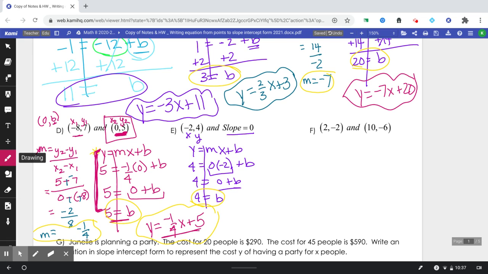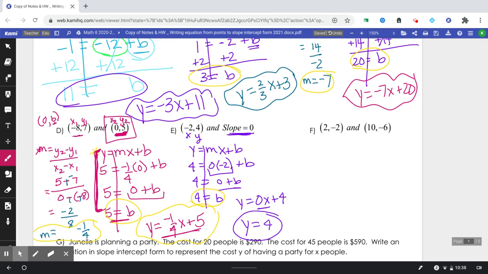Okay, when I go to write my equation now, I am going to think y equals, my slope is 0, x plus 4. Now right here, 0 times x actually equals 0. So 0 plus 4 equals 4. So you could actually say this has an equation of y equals 4. It would be a horizontal line because that slope is 0.